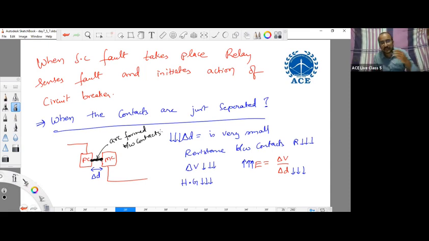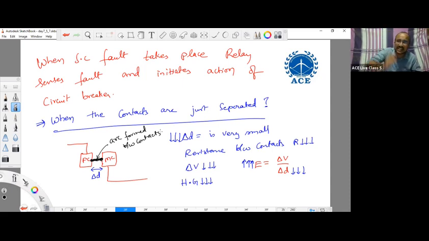So when the contacts are just separated by a very small distance, a high electric field intensity exists between the contacts, which results in electric field ionization and formation of an arc.